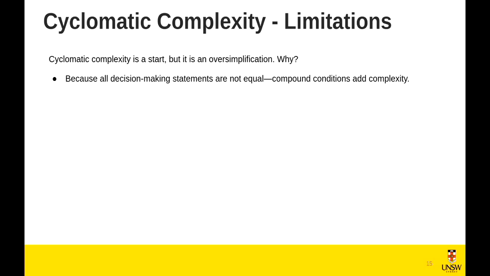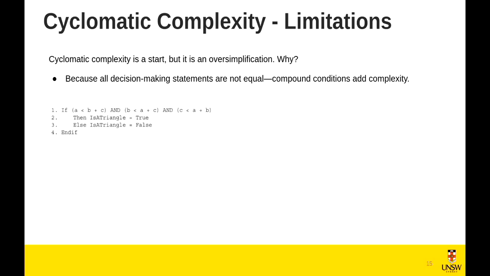And the reason is that some decision-making statements are not equal because some of them may have compound conditions, and they often involve more complex calculations for those conditions. And we can easily tweak the program to affect its cyclomatic complexity.